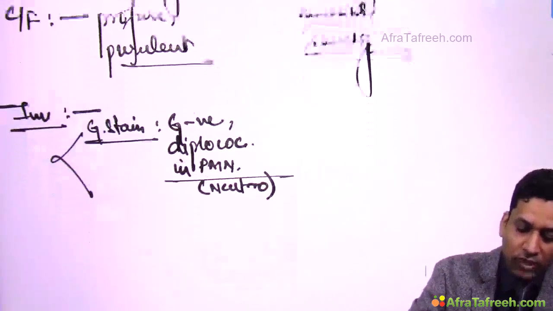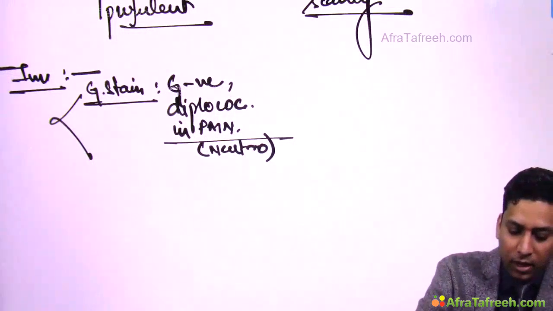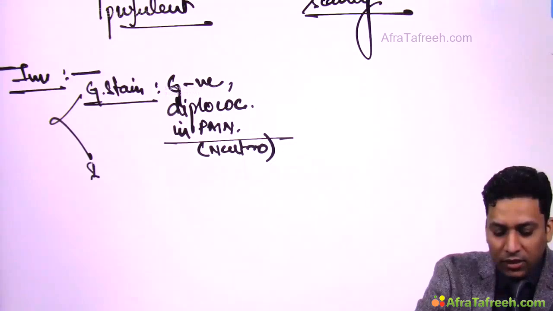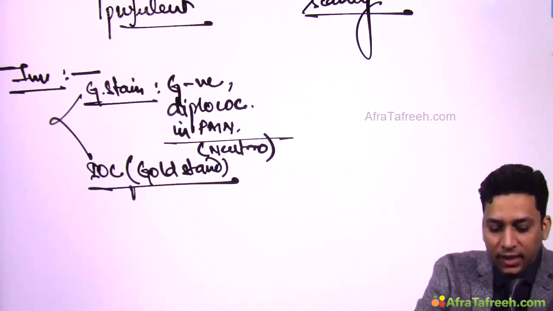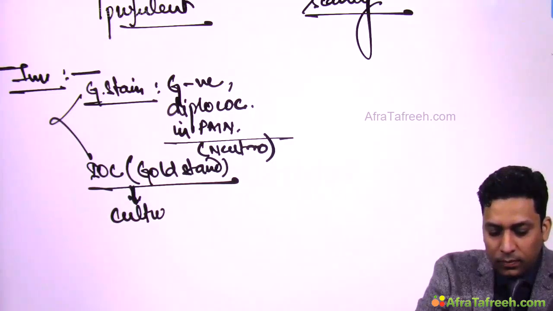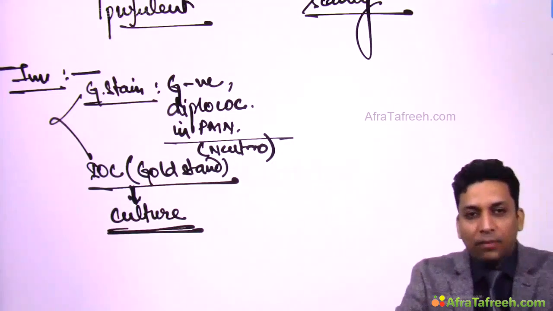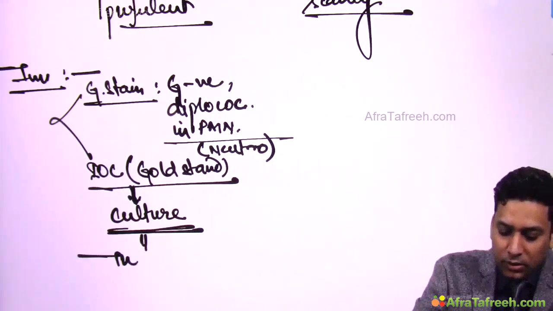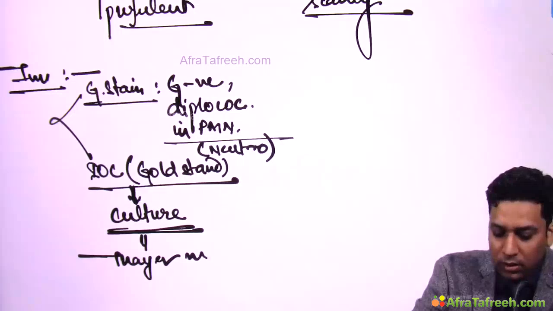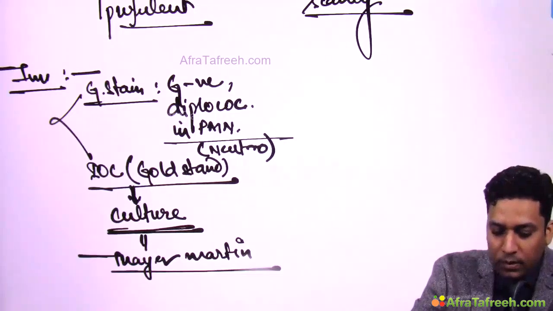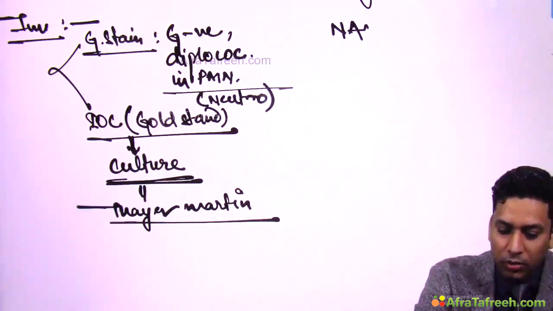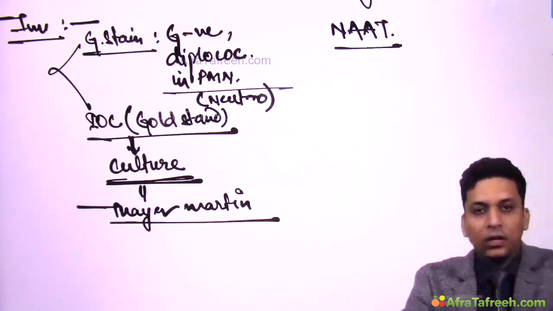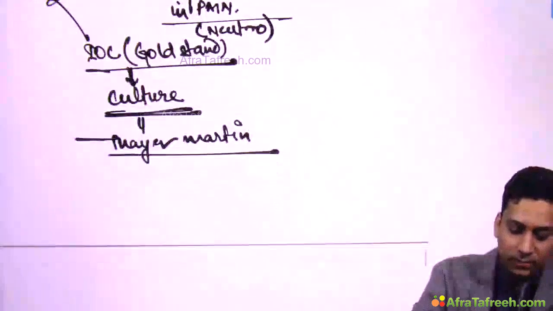So within neutrophils, you will get these diplococci, while another investigation, which is the investigation of choice or gold standard in these cases of gonococcal urethritis, is culture. So culture can be done, and remember, the media which is used is Thayer-Martin. So Thayer-Martin media is used, while here you can do nucleic acid amplification test. So nucleic acid amplification test is done.